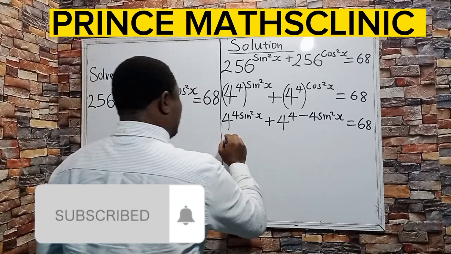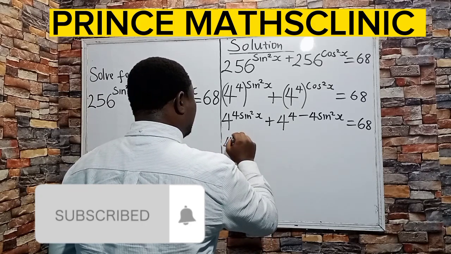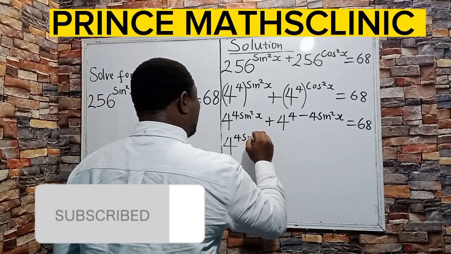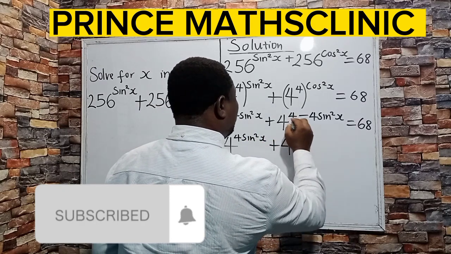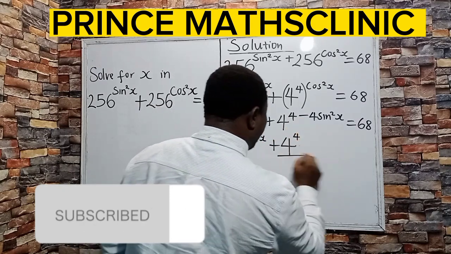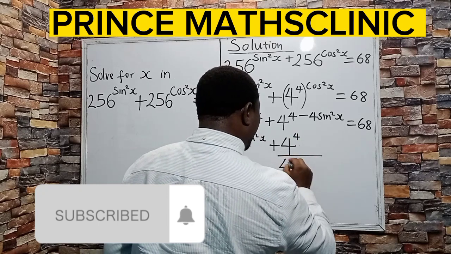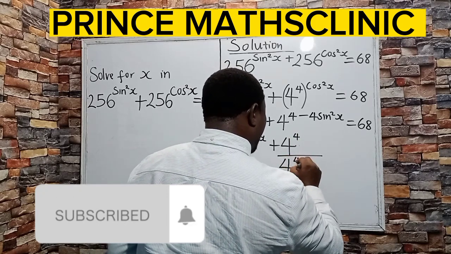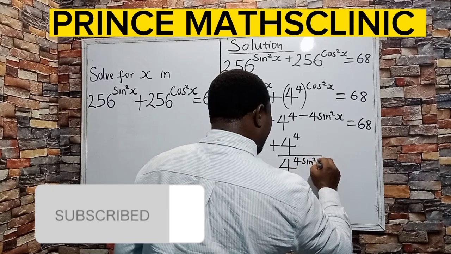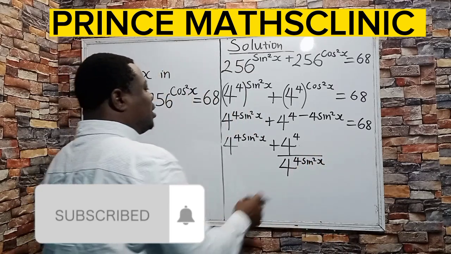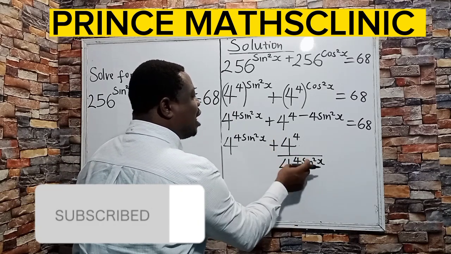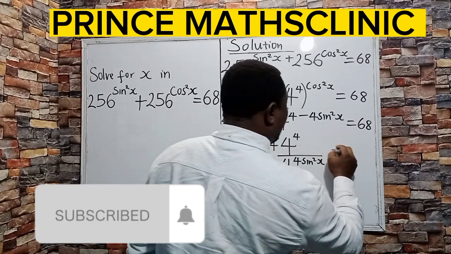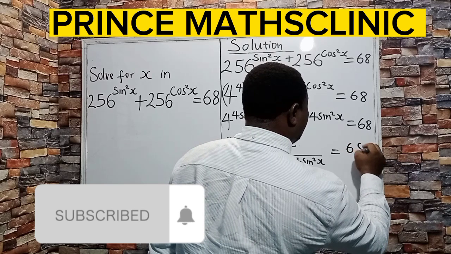Therefore, we have that 4 to the power of 4 sine square x plus 4 to the power of 4 divided by 4 to the power of 4 sine square x, such that if you look at similar bases, you can subtract their powers, all equal to 68.